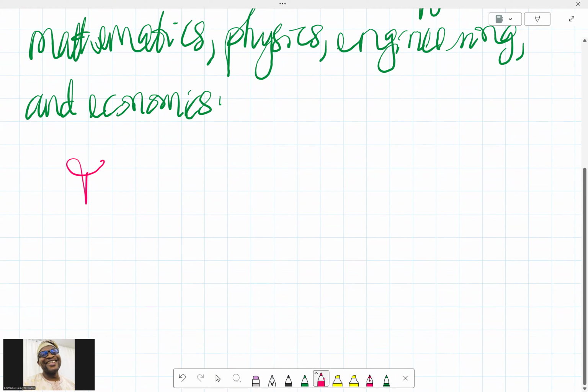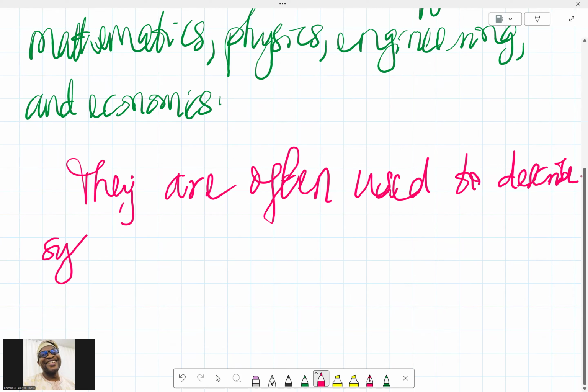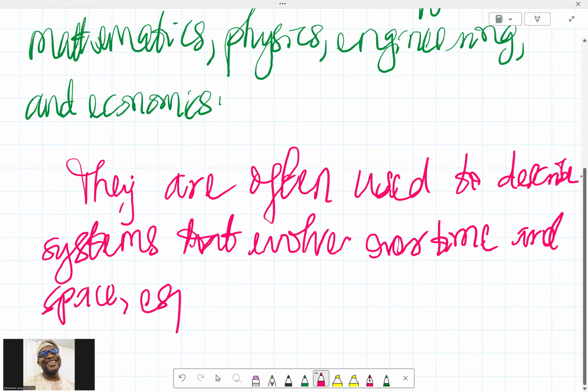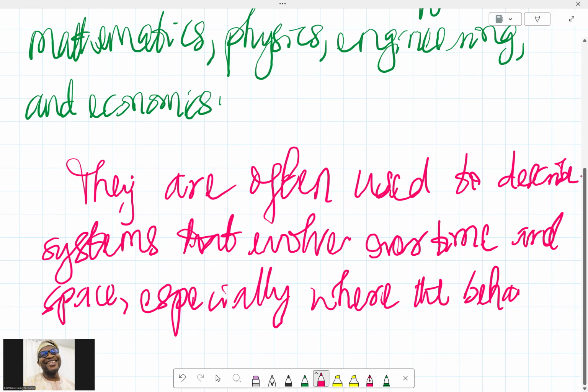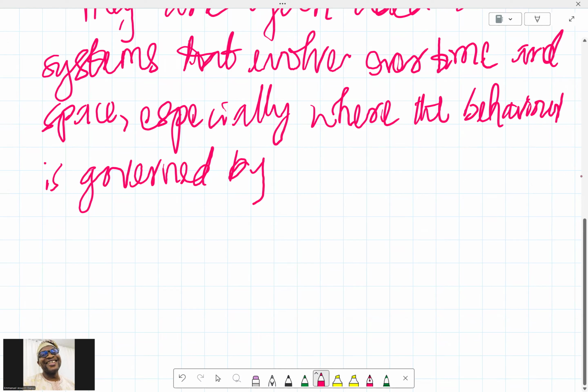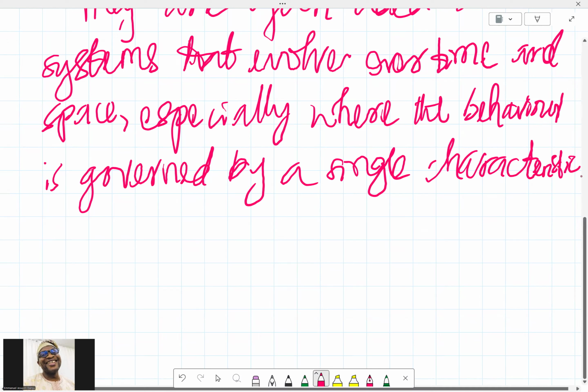They are often used to describe systems that evolve over time and space, especially where the behavior is governed by a single characteristic variable or process.